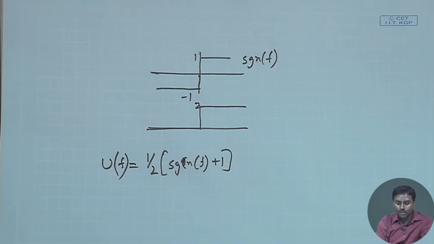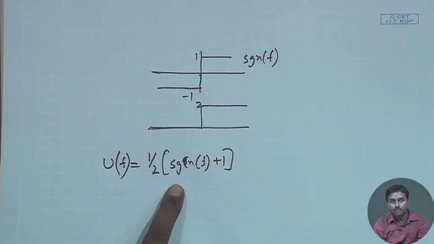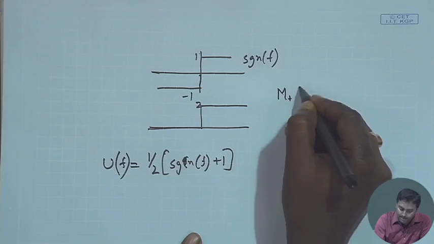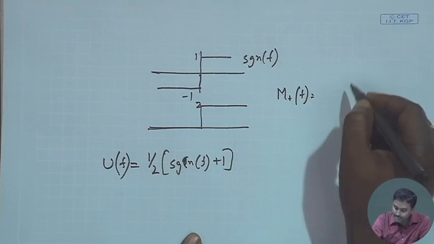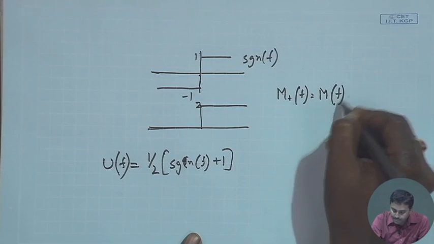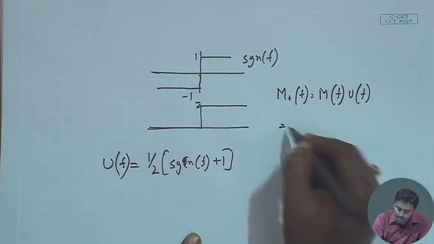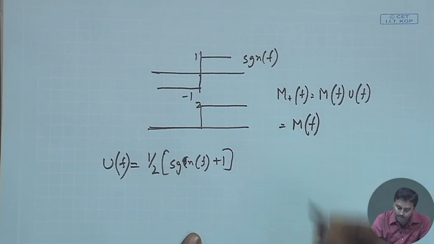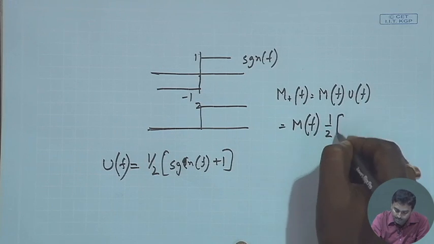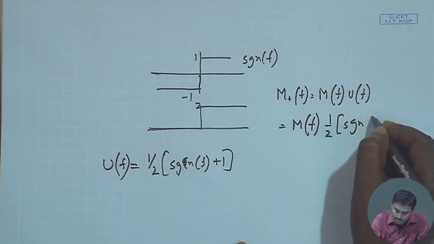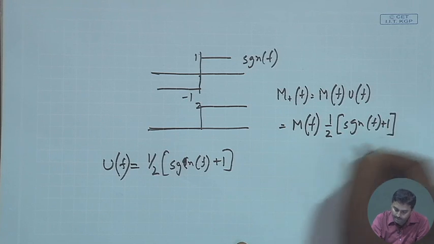Why am I doing this? Because I want to deliberately bring in that signum F, because I already know that j signum F, or minus j signum F, is the representation of the Hilbert transform. So I am deliberately bringing it. Therefore, now I can write M plus F, which we have written as MF into UF, as MF into half, signum F plus 1.